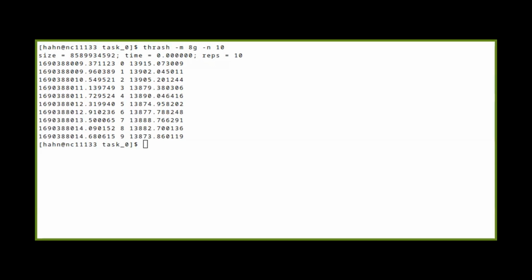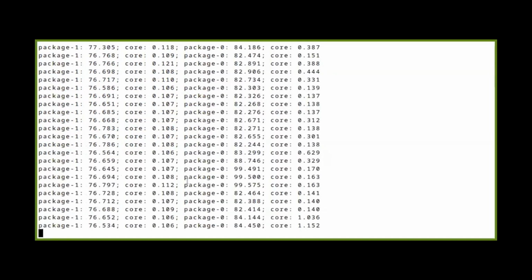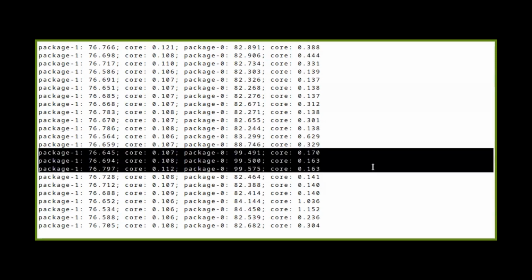And if we then go back to the original share here, we should have seen a burst of activity. Yeah, so here, when I ran that Thrash program for about 10 seconds, it showed a higher consumption.